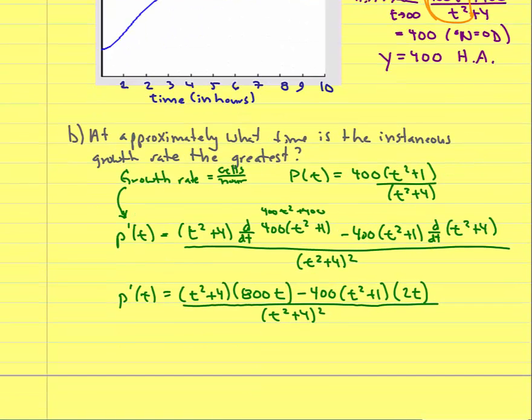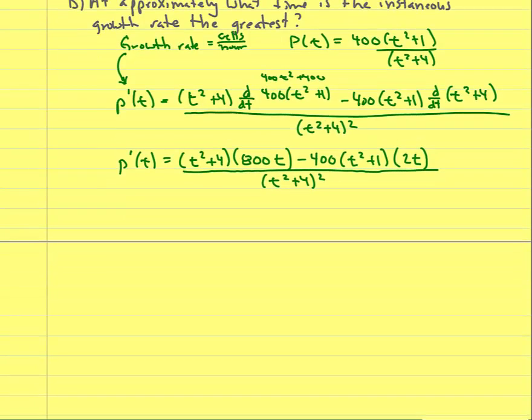Now this is a really good example of why we want to simplify. I want to simplify this as much as possible in order to make it easier to work with. So let's go ahead and continue to simplify. I'll take the 800t and distribute it. So I think I'll have 800t cubed plus 3200t.